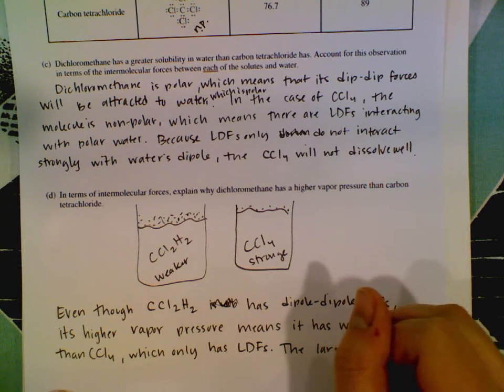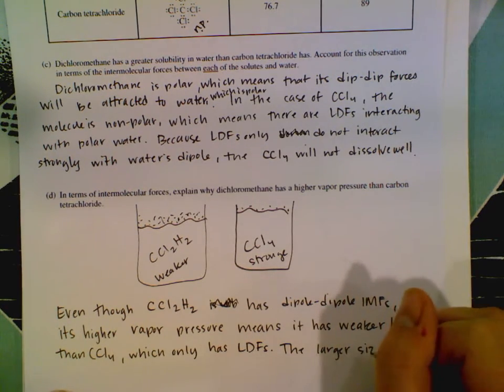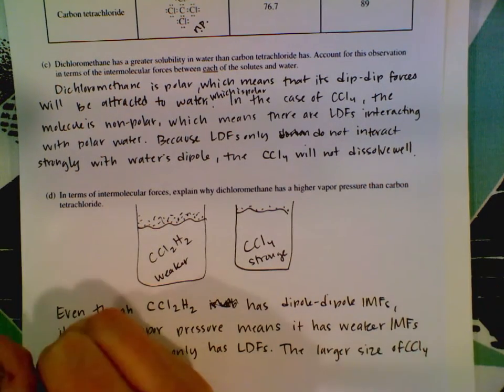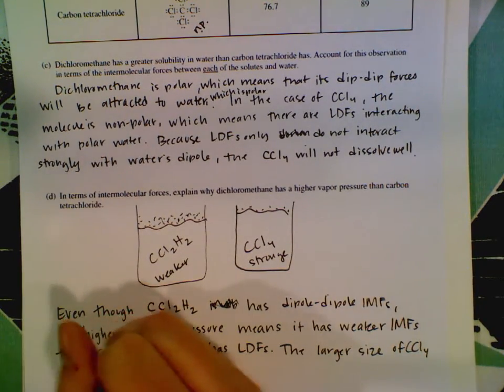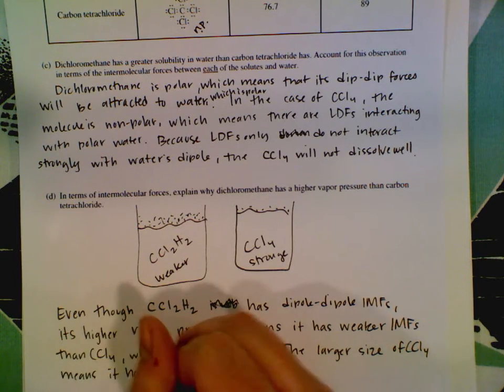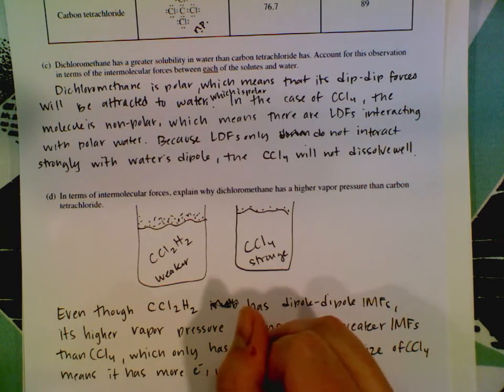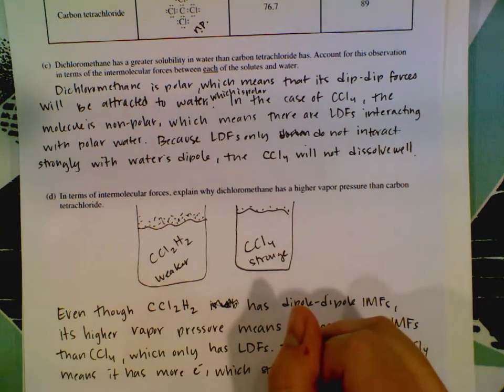The larger size of CCl4 means it has more electrons, which strengthen London dispersion forces.